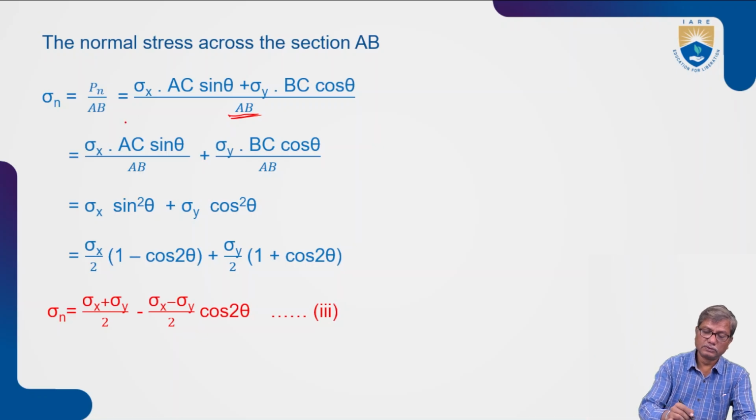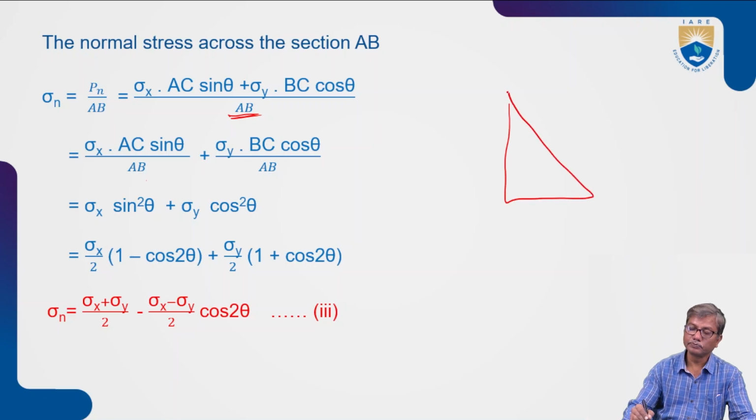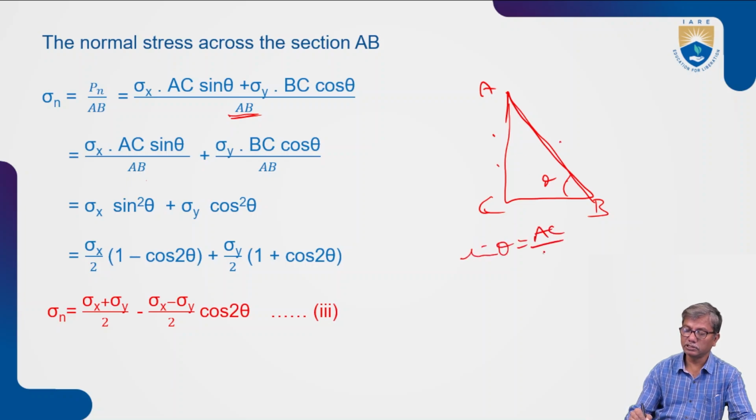Now we split this, sigma x into AC by AB. What is AC by AB? This is theta, A, C and B. So AC by AB is sin theta, isn't it? Sin theta is AC by AB and cos theta is BC by AB.